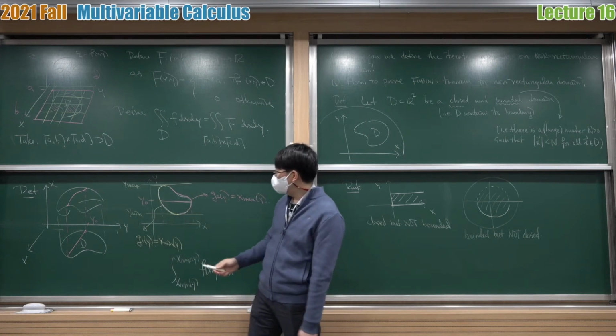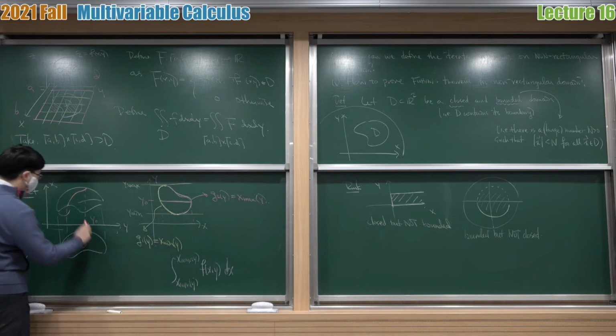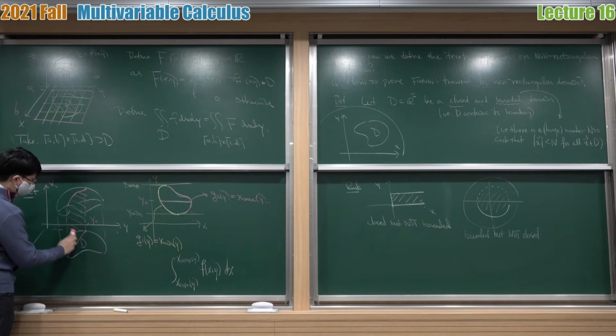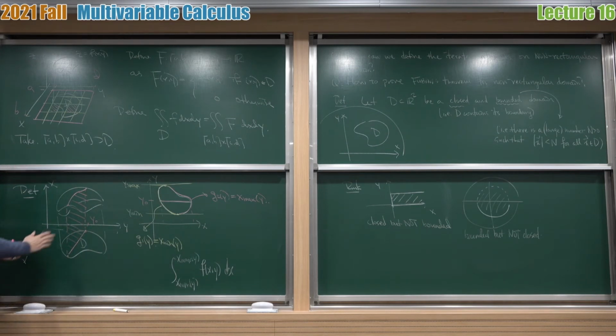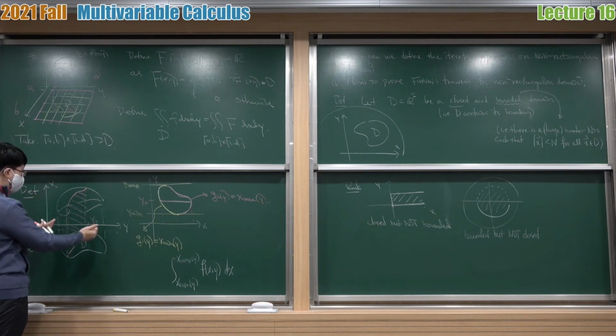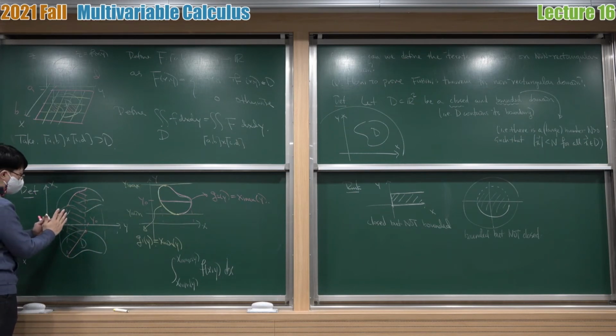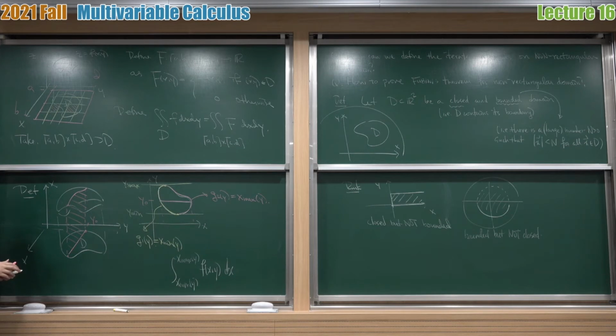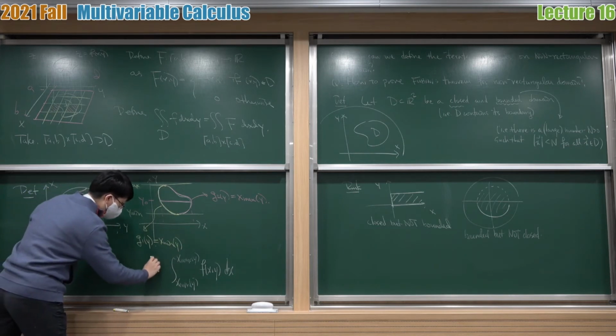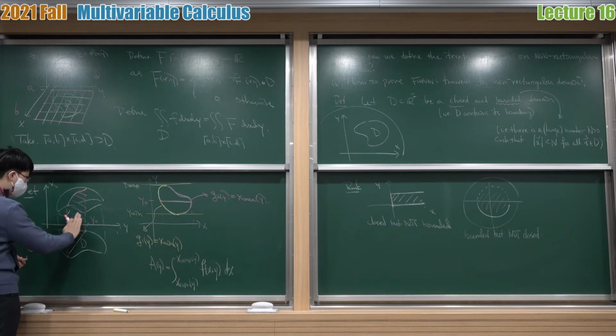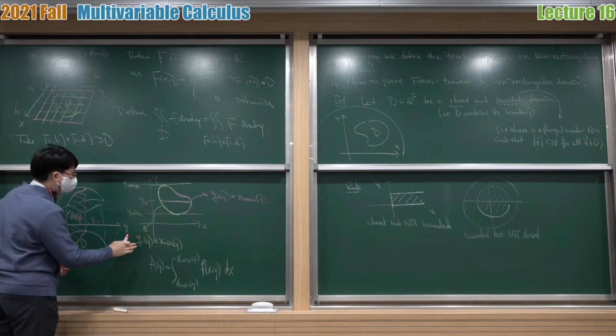And then once I do that, what do I get? I get the area of this slice, okay? So in order to find the volume under the graph, I have to find the sum of the volumes of stacks of these slices with a small width, okay? So let's say this is A(y). So the area of this slice is A(y). So I'm going to erase y0 from now on, okay?